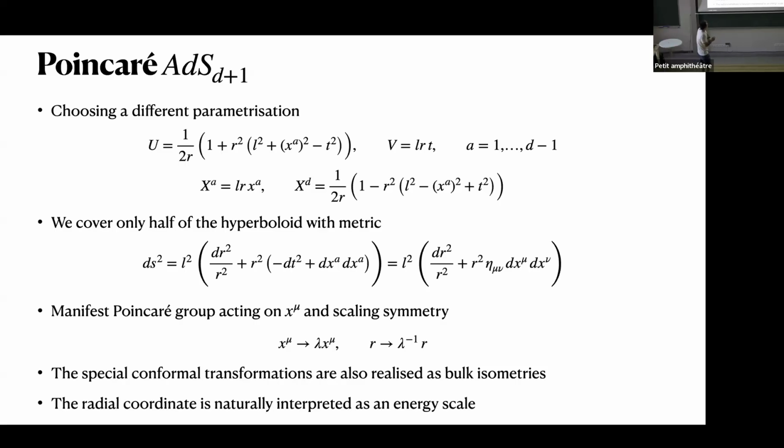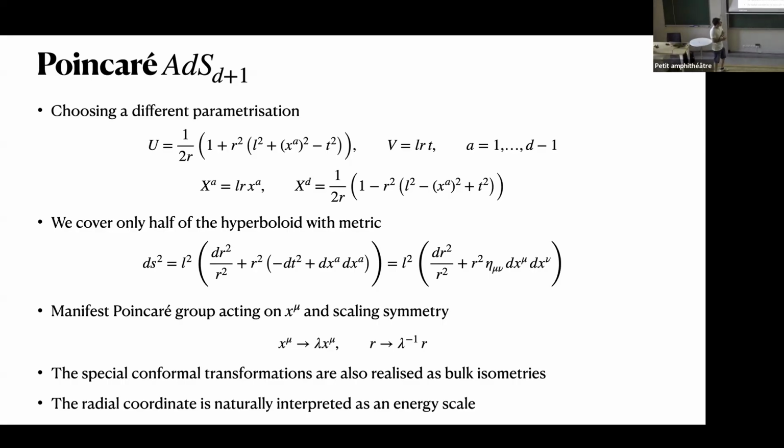So the extra coordinate, there is this radial coordinate R. Okay. You can probably recognize here the D-1,1 dimensional Minkowski space. And there is also this extra radial coordinate that I promised that will be there.